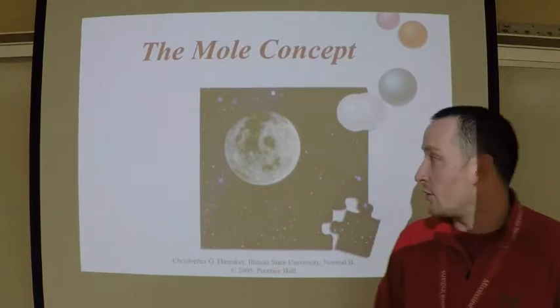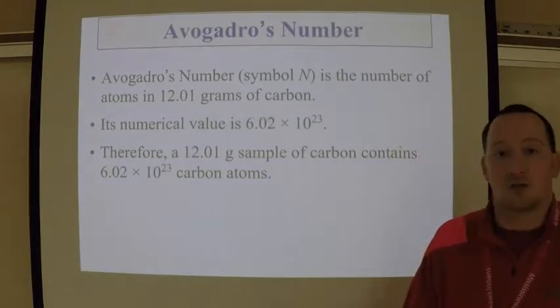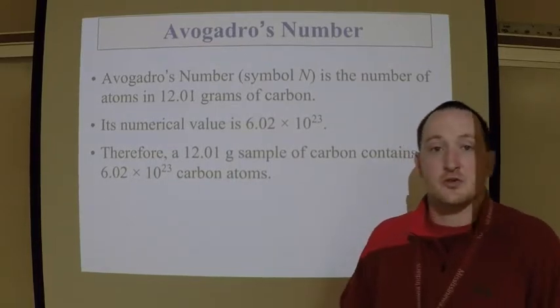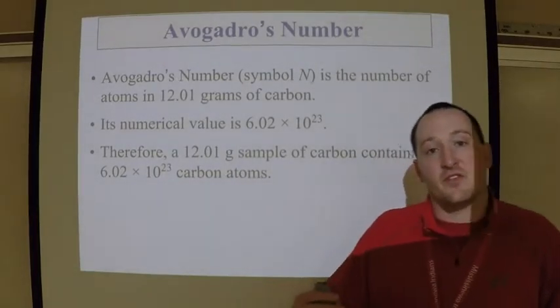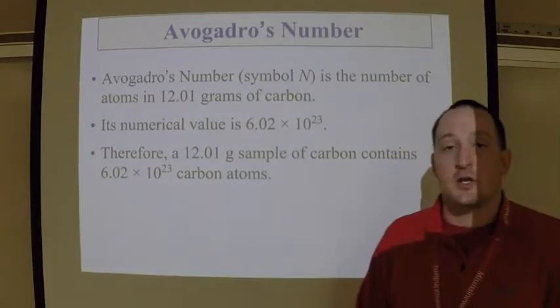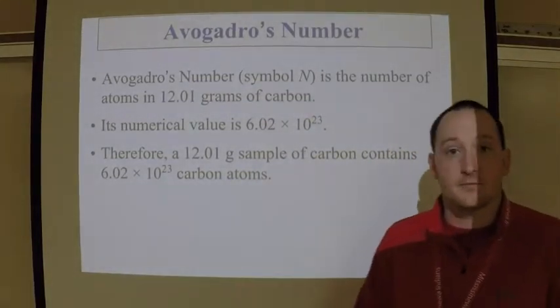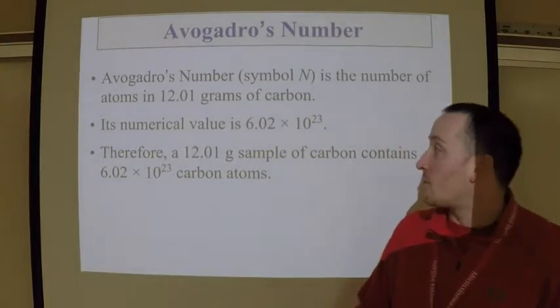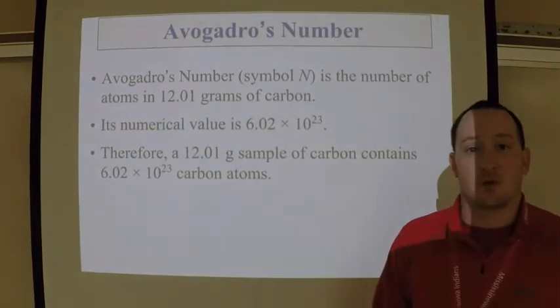So let's get started. The first thing that we're going to talk about is something called Avogadro's number. The actual definition of Avogadro's number is the number of atoms in 12.01 grams of carbon. That number turns out to be 6.02 times 10 to the 23rd.